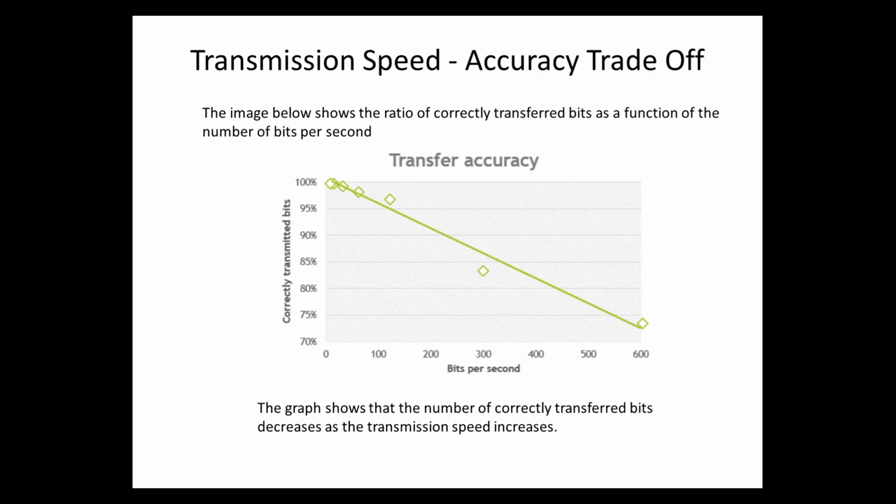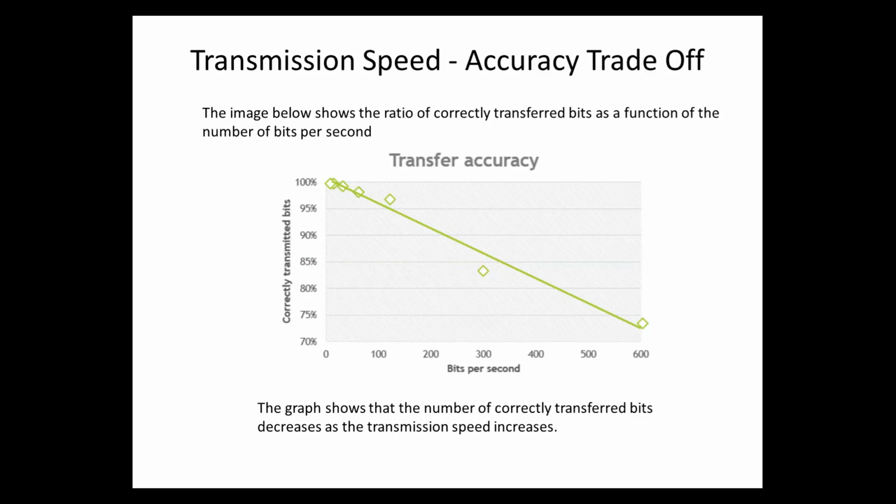Let's say it's life critical data. Well, you may not be able to transmit that at as high a speed as you want, because if you want 100% accuracy, you would almost have to be at 0 bits per second. It'd have to be very slow, because it would take a lot of time to do the error detection and correction.